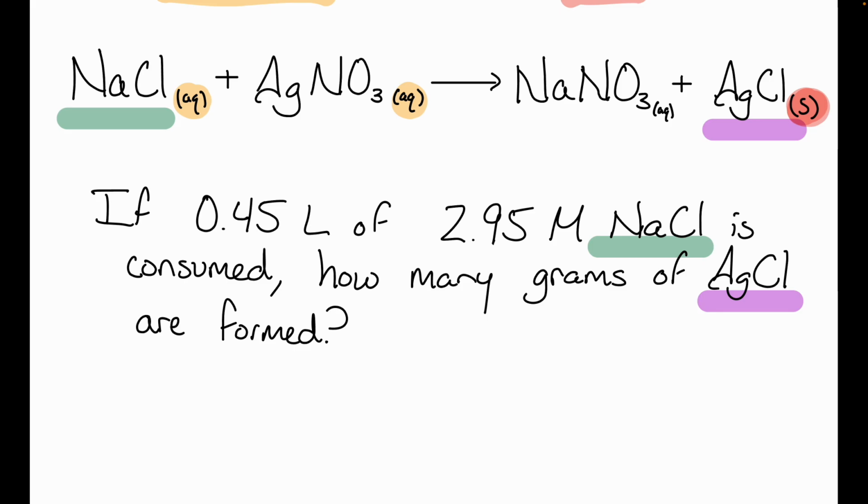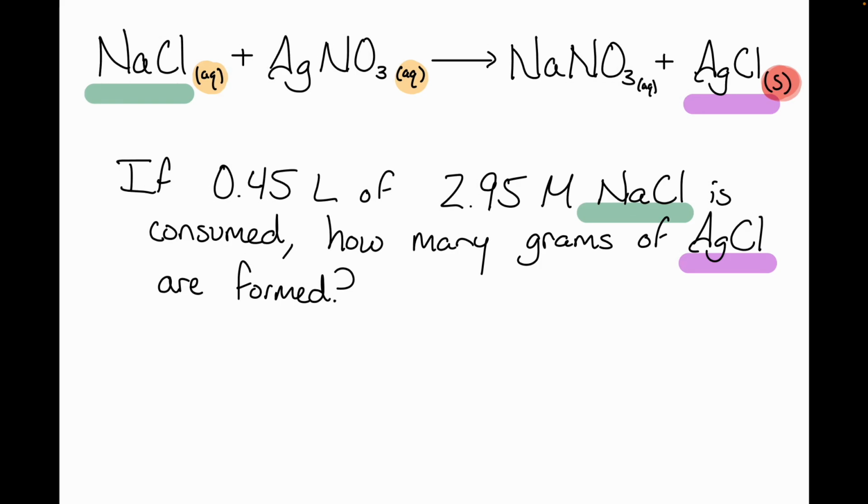So I know somewhere in my math, I'm going to have my stoichiometric ratio, 1 mole of NaCl to 1 mole AgCl. All right, anytime we're doing math with our chemical reactions, we're going to need a stoichiometric ratio.